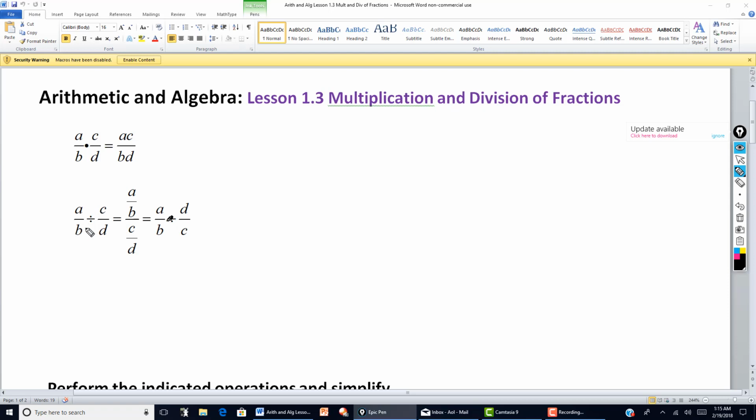If you divide two fractions, the rule tells you to invert the divisor and then multiply, or multiply by the reciprocal of the divisor. A over B divided by C over D becomes A over B times D over C.